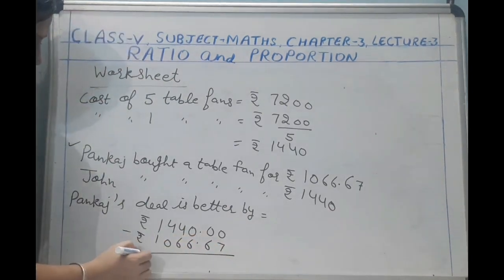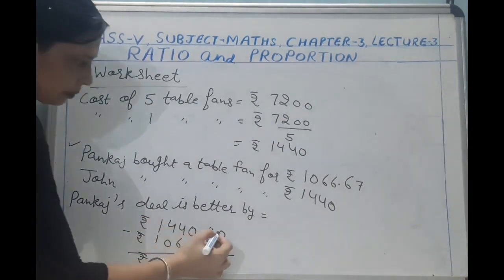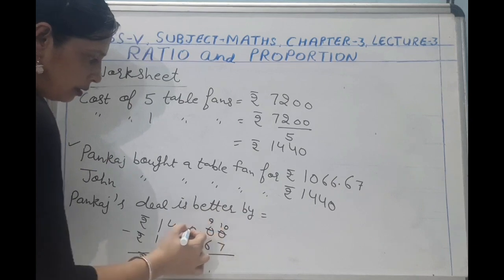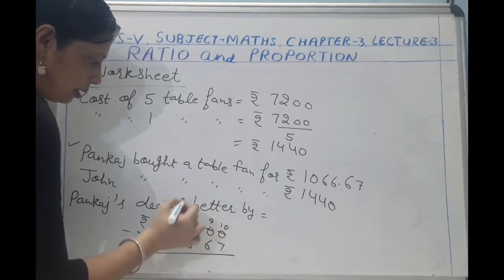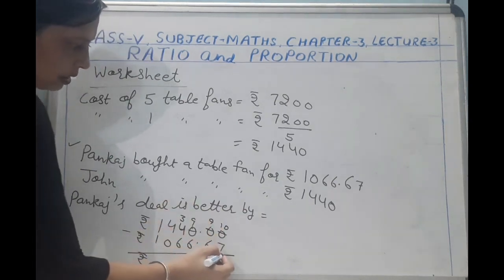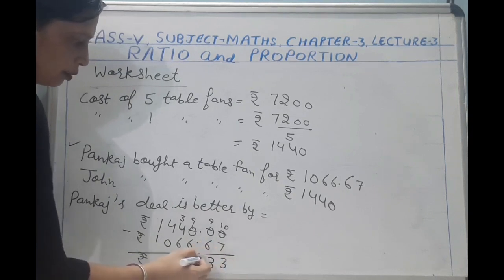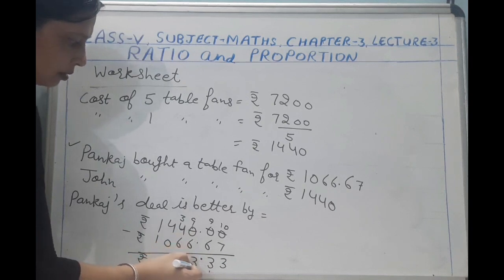Now we will do subtraction. 10 minus 7. It will become 10, 9, 9 and 3. 10 minus 7, 3. 9 minus 6, 3. Go to decimal. 9 minus 6, 3.